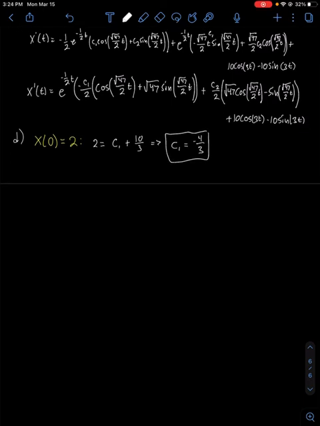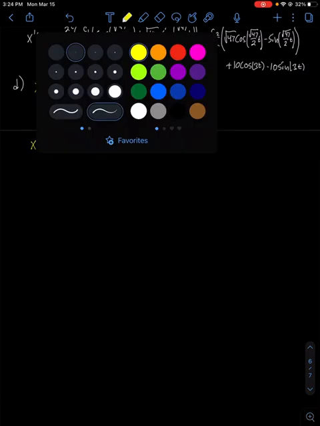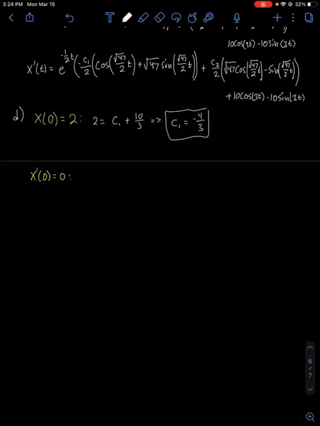Now we have x prime of 0 equals 0. So we'll work with this equation right here. 0 equals e to the negative 1/2 times 0, which is 1 because it's e to the 0.